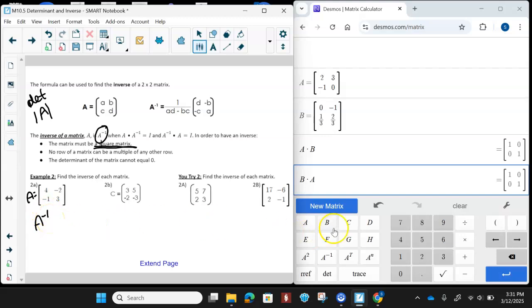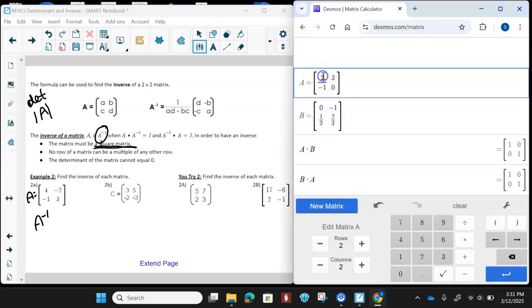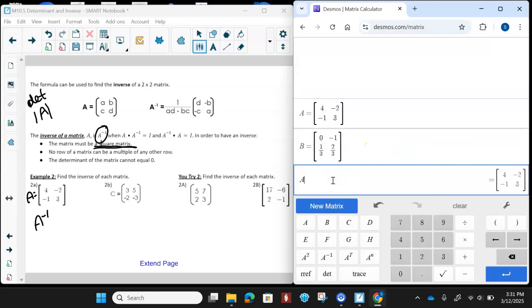So basically here, I've got my A already set. How about this? I'll go ahead and change this A here. So A is 4, -2, -1, and 3, right? Now let me delete these because I just changed my matrix. Now, we want the inverse.